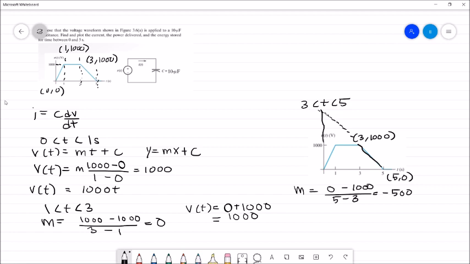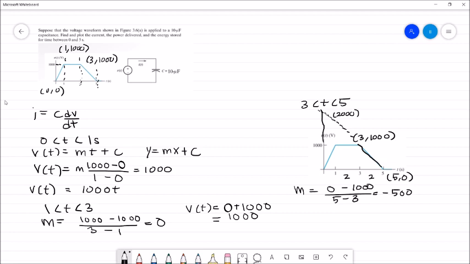So the ratio from 5 to 3, which is 2. If the graph moves another 2, this 2 here is equal to 1000. So if the graph moves another 2, we assume it as 2000.